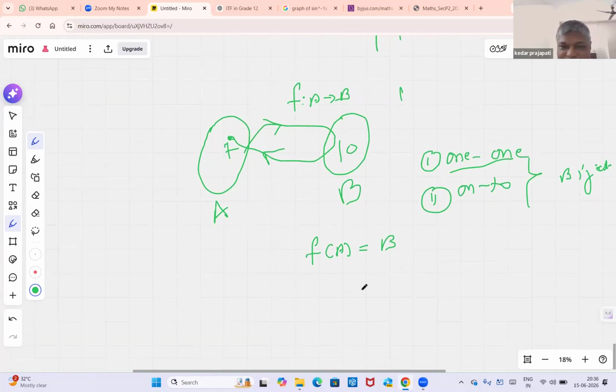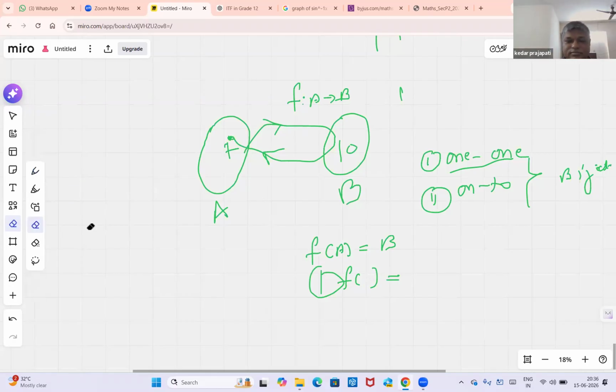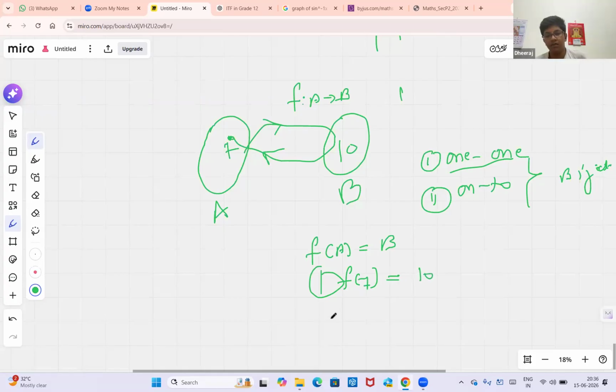It means I can safely write f of 7 is 10. Now, there should exist a relation such that f inverse of 10 is equal to 7.